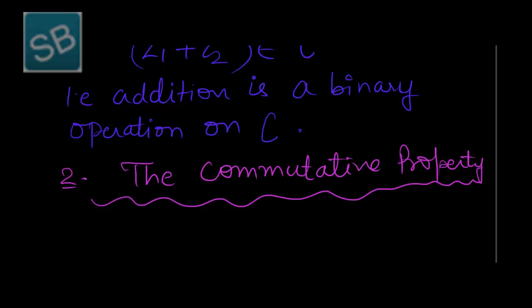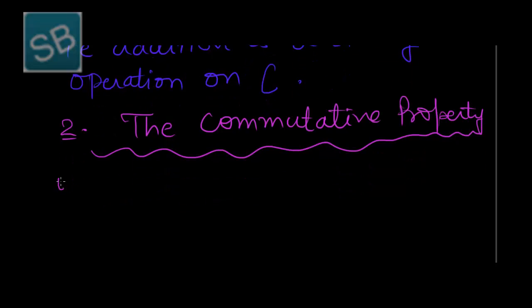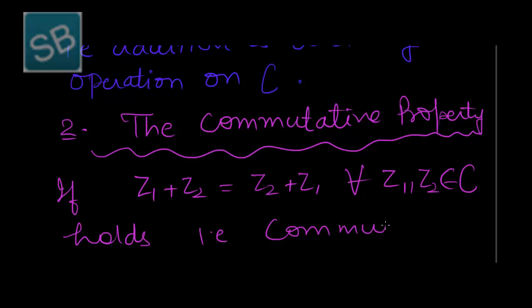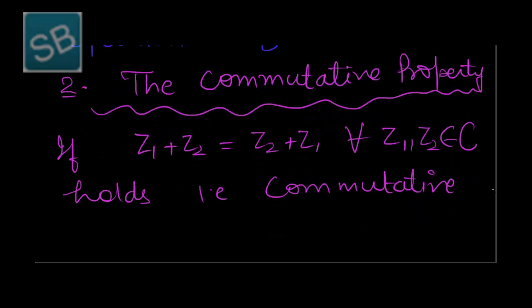That is, if Z1 plus Z2 is equal to Z2 plus Z1 for all Z1, Z2 belonging to C, then the commutative law holds in complex numbers.